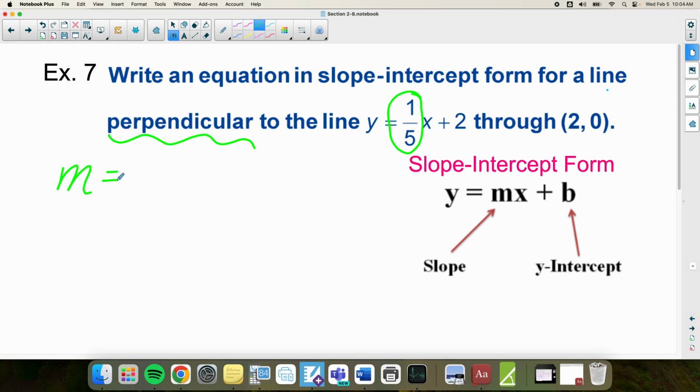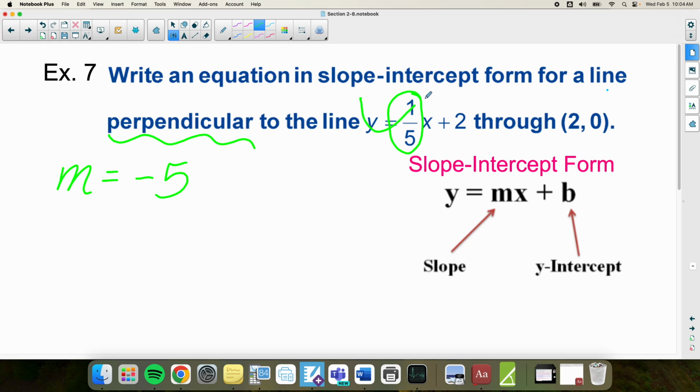What's opposite reciprocal of 1/5? What's the reciprocal of 1/5? Wouldn't it be 5, right? And this is positive, so it would be negative 5. So you do the reciprocal of it, and if this is positive, that one has to be negative.